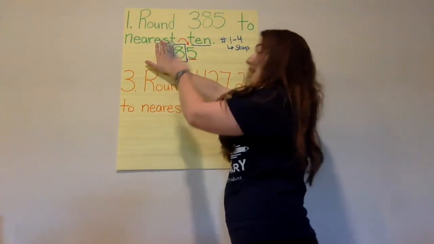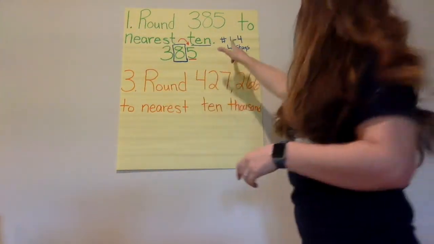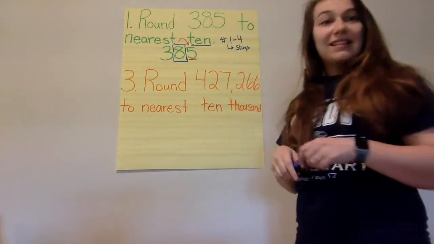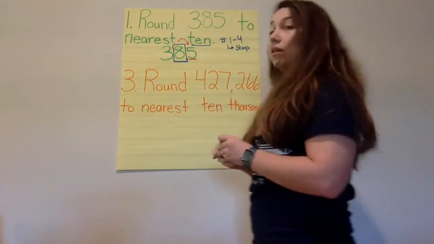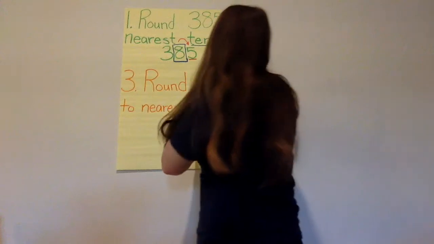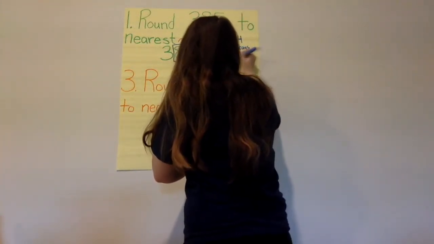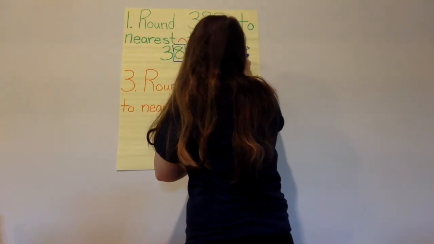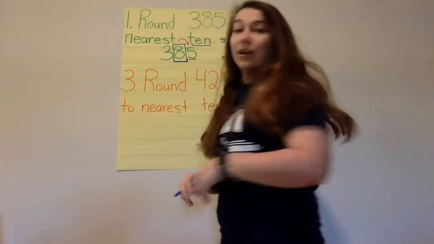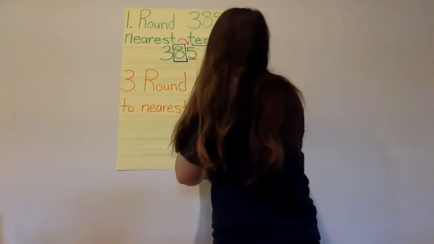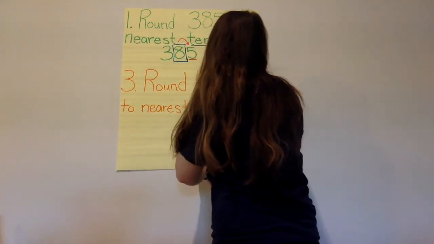It's closer to 80 than 90. So 1 through 4, it's going to stay the same. If next door we have a 5 through 9, we're rounding up, okay? So we're going to round up by 1.